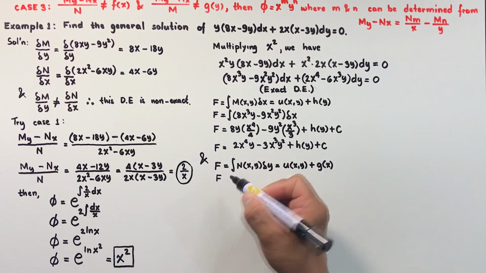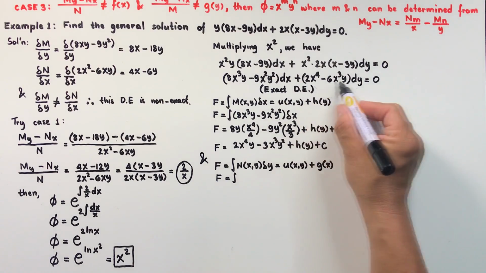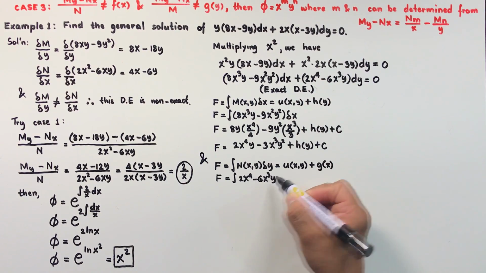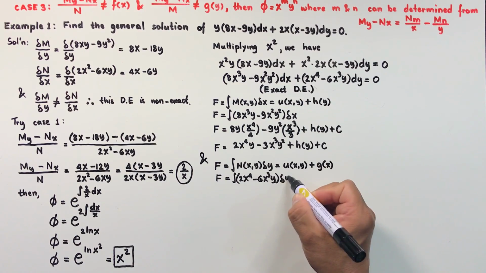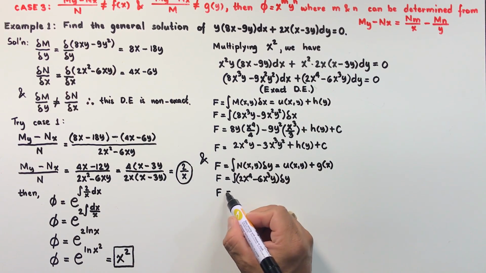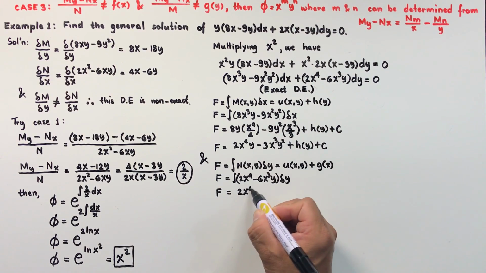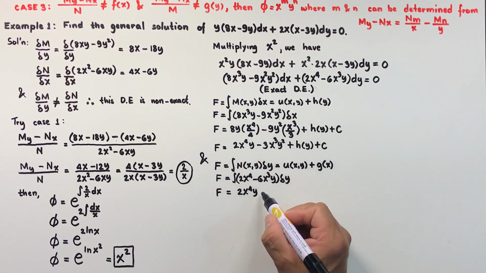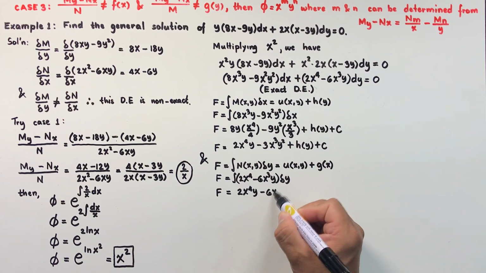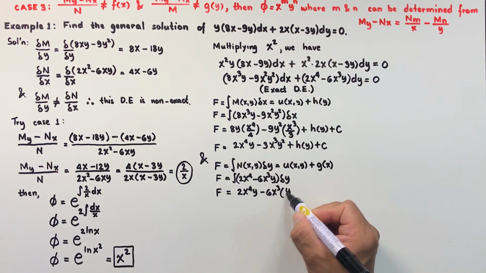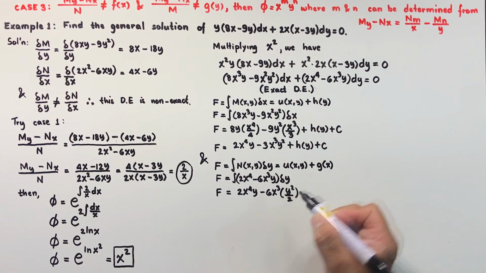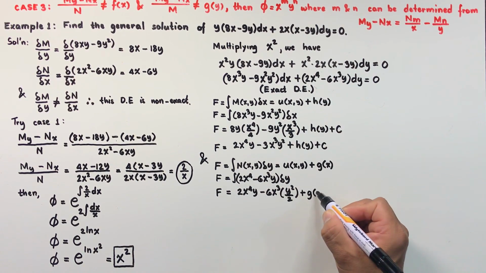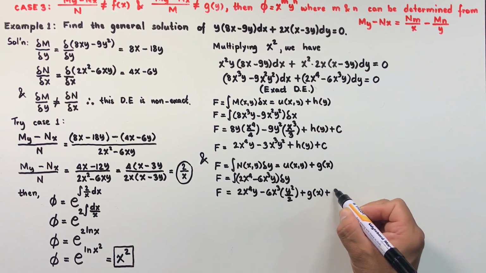So our partial integral of n, which is here 2x to the fourth minus 6x cubed y partially with respect to y, is equal to 2x to the fourth y, because 2x to the fourth is treated like constant here, and then we have 6x cubed as constant times y squared over 2, because this is with respect to y, and this will be added to some function which is in terms of x alone plus the constant of integration c.